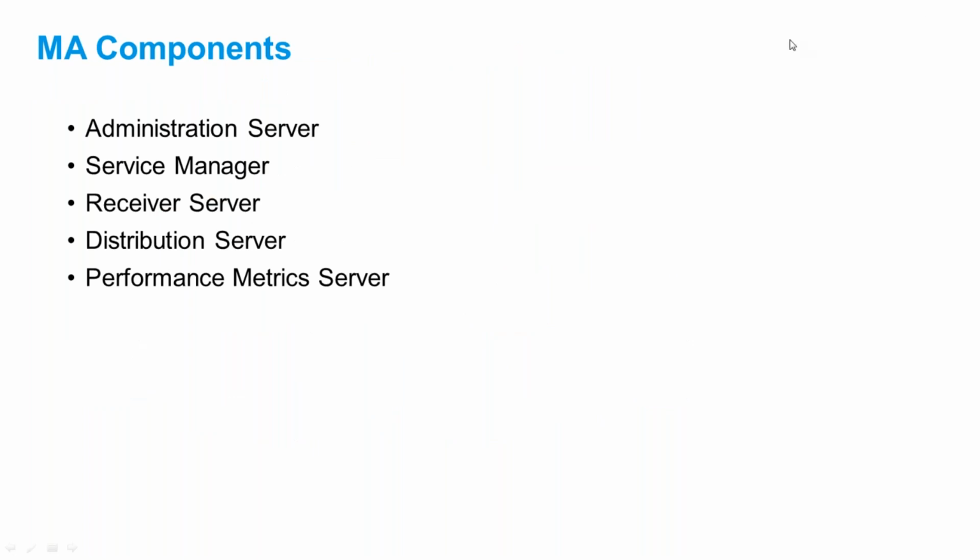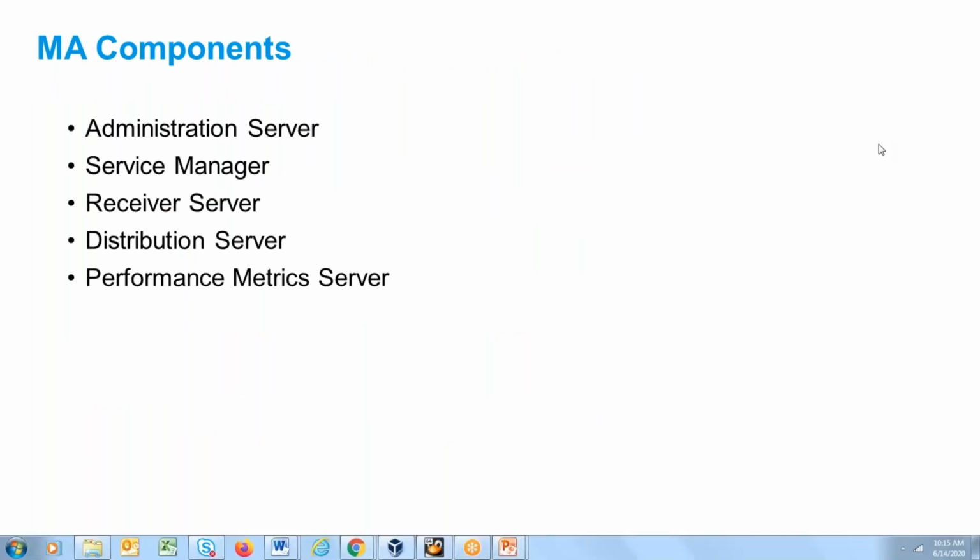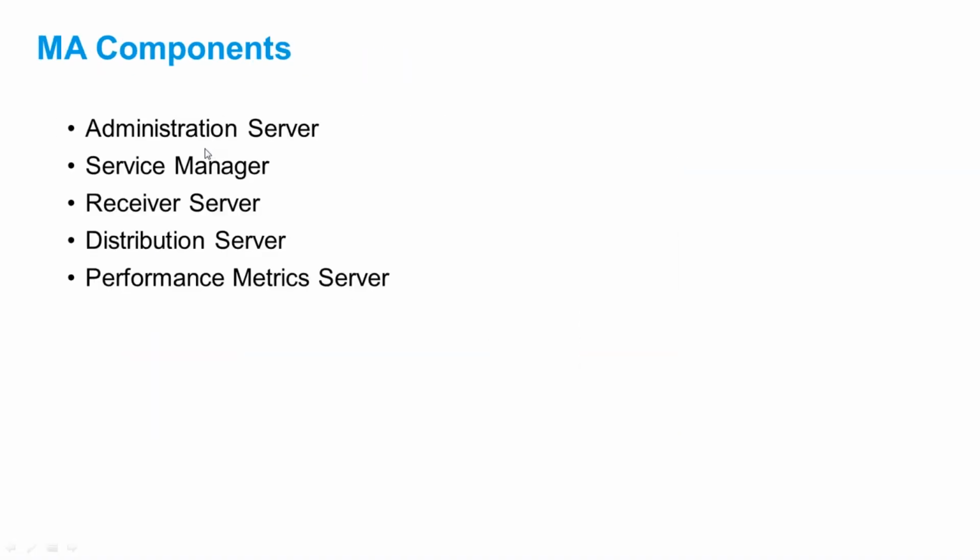The different components available for microservices are the administration server, service manager, receiver server, distribution server, and performance metrics server. In the administration server, you configure all the processes. It is used to configure the processes and purge the trail files.